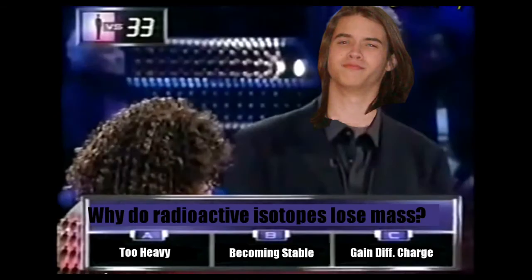Alright, so our first question from John is, why do radioactive isotopes lose mass? Is it A, because they're too heavy, B, to become stable, or C, to gain a different charge? 12 hours on the clock starts now.